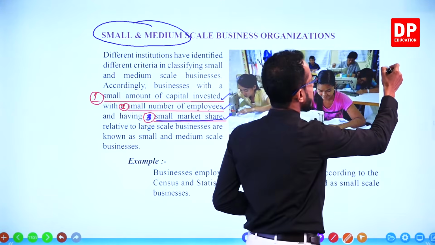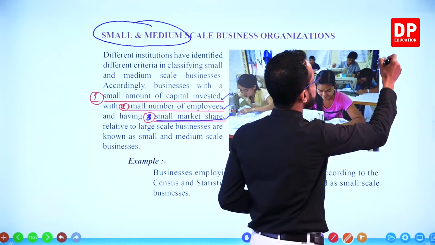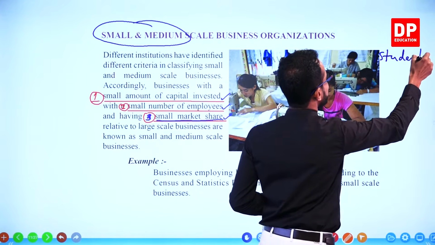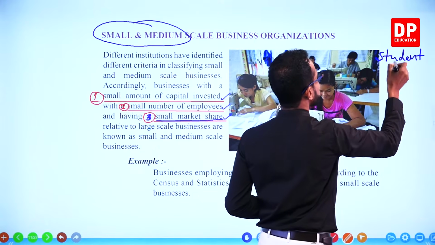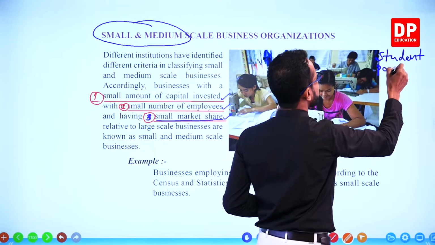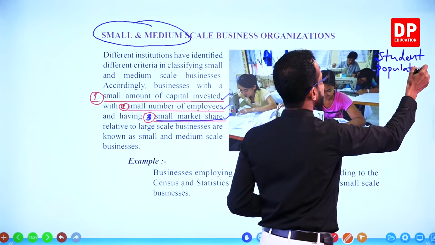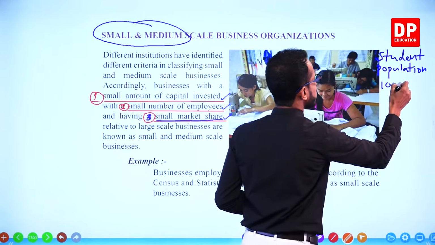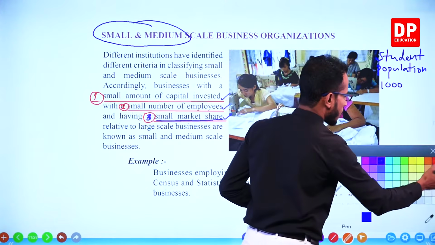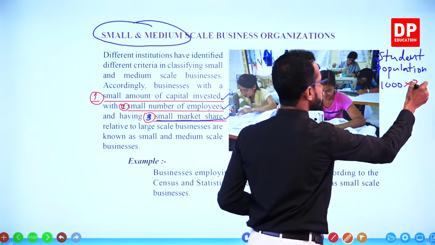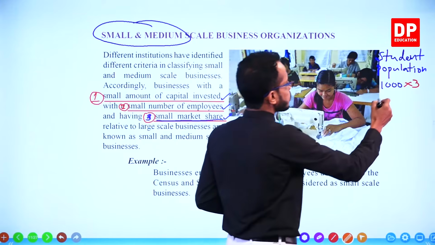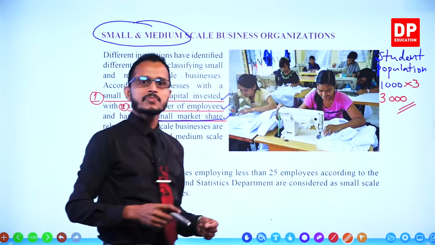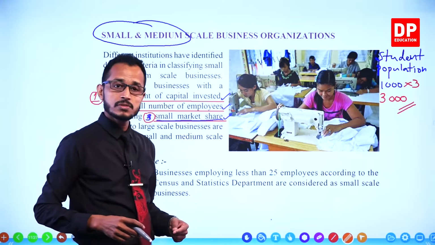Each school has 1,000 students. So 1,000 into 3 schools, 3,000 students in your area.